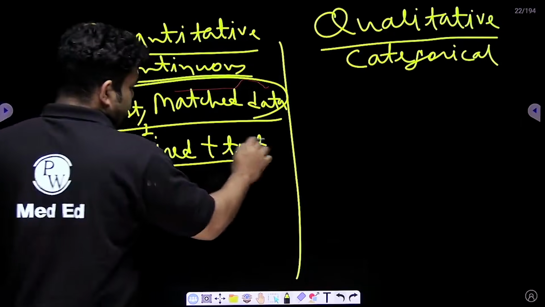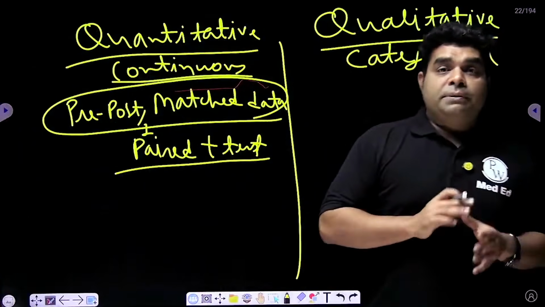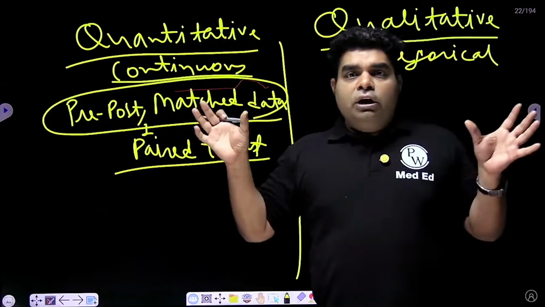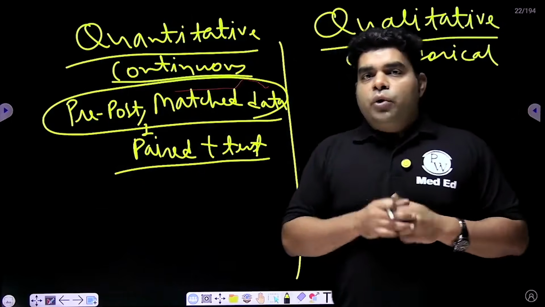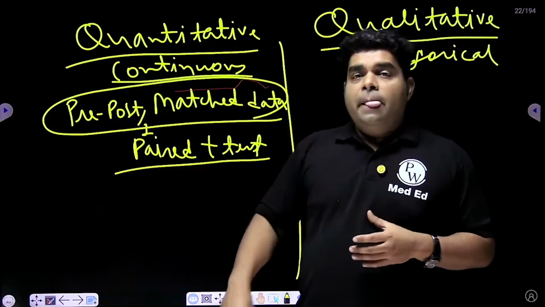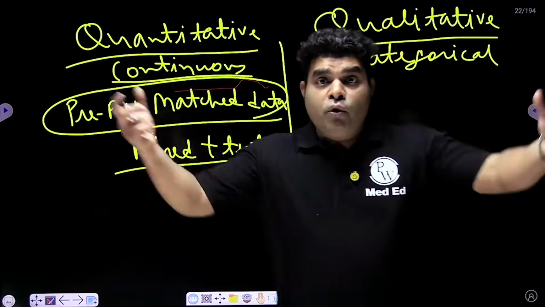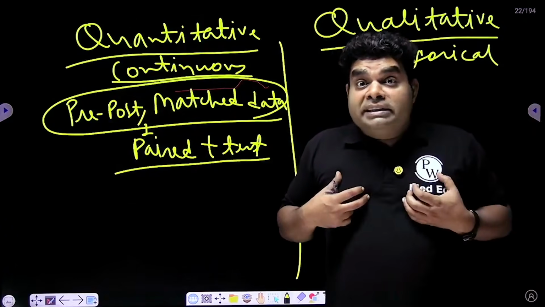What does it mean by pre-post matched data? Suppose that new anti-obesity drug which you have found, you are giving on a group of people, and before giving the medicine you measured their weight, and after 6 months of giving the medicine you also measured their weight. So both before and after weight are coming from the same person.